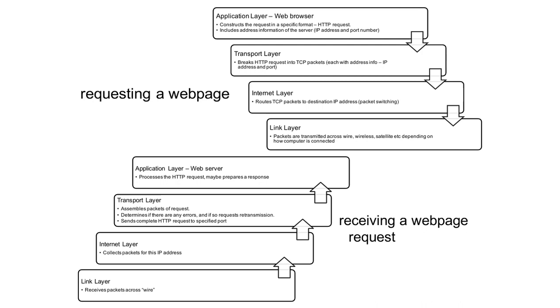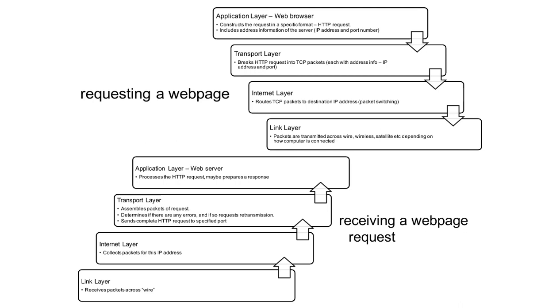In the internet layer, it routes or sends this packet to the required destination using the IP address of the server. And in the link layer, packets are transmitted across the wire or the wireless or the satellite, depending on how it is connected, and finally it goes to the server.